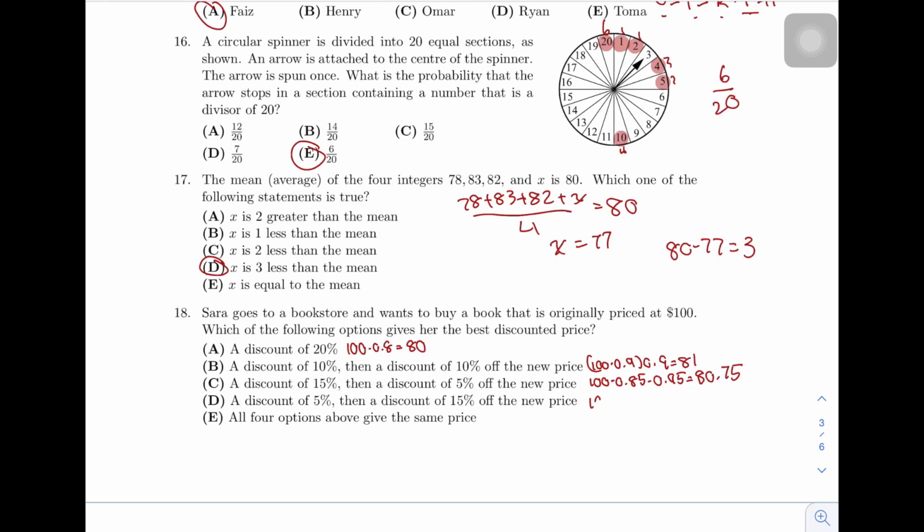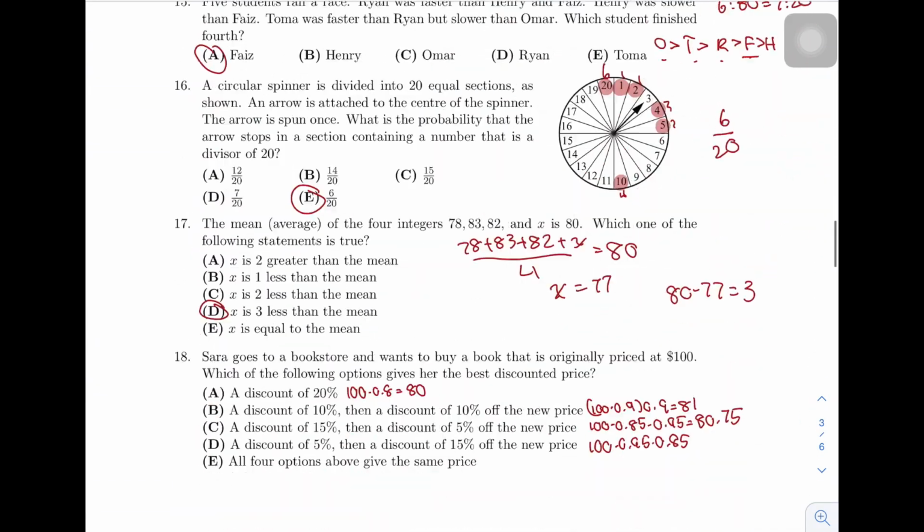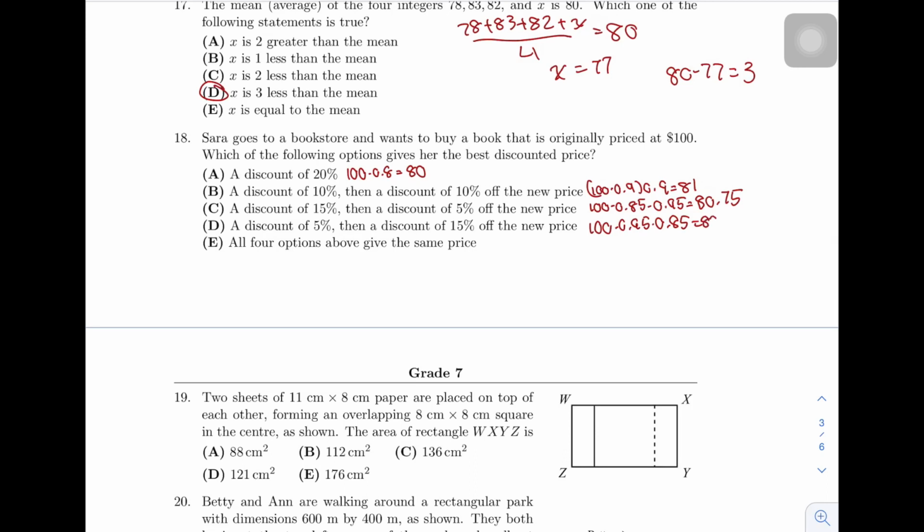So 100 multiplied by 0.95 multiplied by 0.85 would also give you $80.75. Therefore, A, which is $80, is the least priced among A, B, C, and D. Therefore, A is the correct answer.